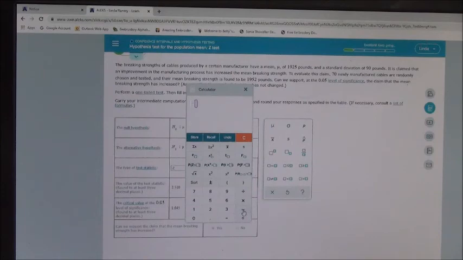So I'm going to do negative Z sub, and I'm going to put in my 0.7123 and hit equals. And you see we get that same value that we had, the 0.56011, so forth.